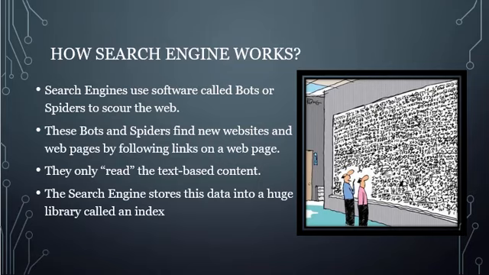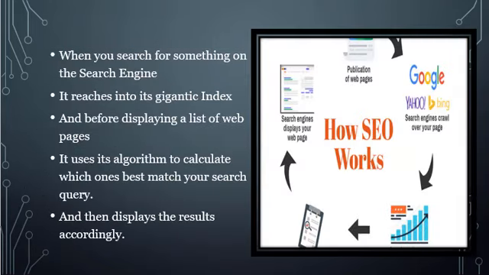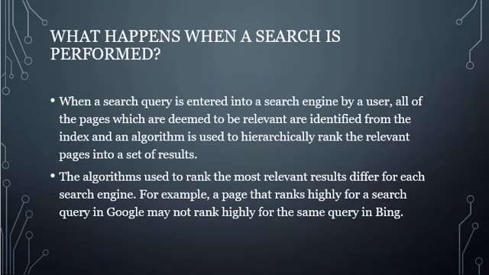Then the search engine stores this data in a huge library called an index that we have already studied earlier. So when you search for something on the search engine, it reaches into the gigantic index, and before displaying a list of web pages, it uses its algorithm to calculate which ones best match your search query, and then it finally displays the results accordingly.